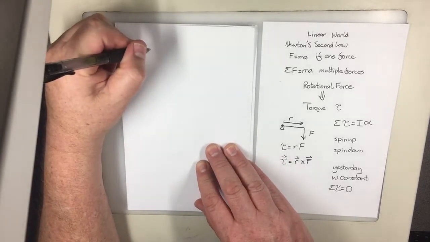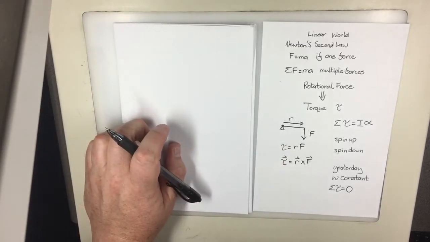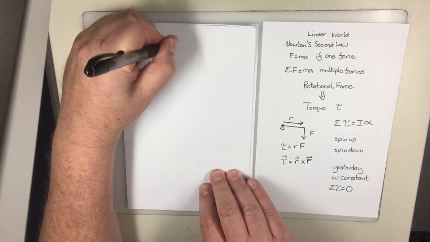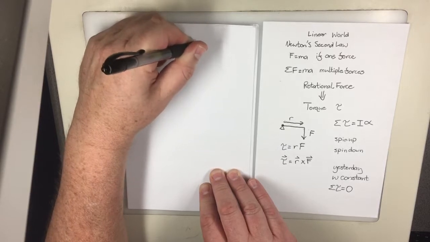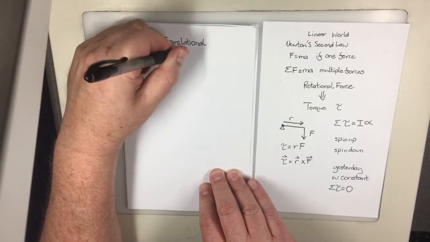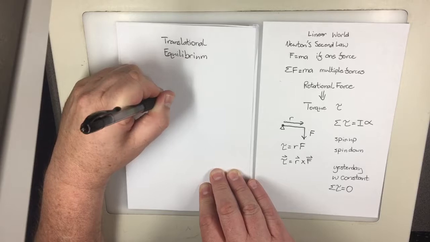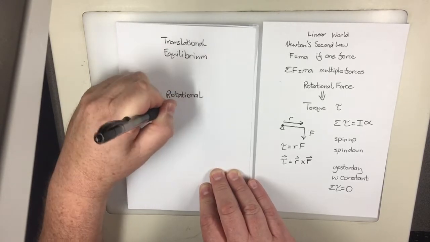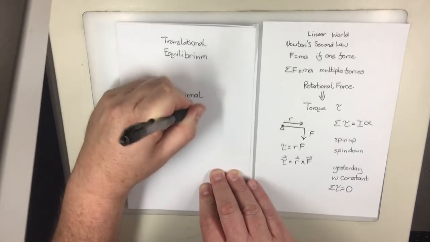Two of my favorite phrases, in addition to no friction, yay, no friction, are translational equilibrium and rotational equilibrium.